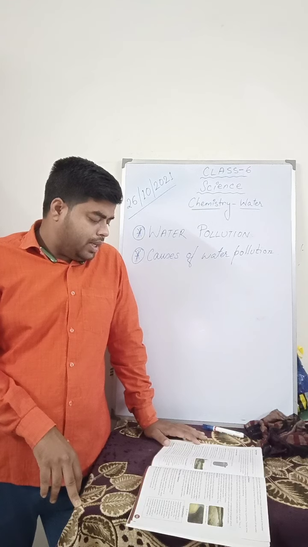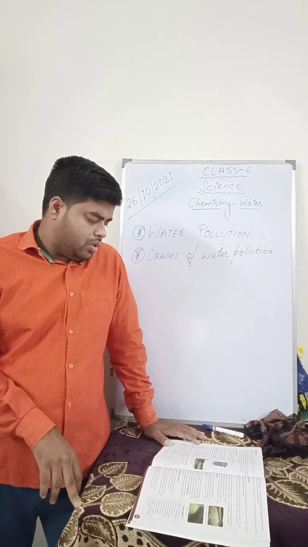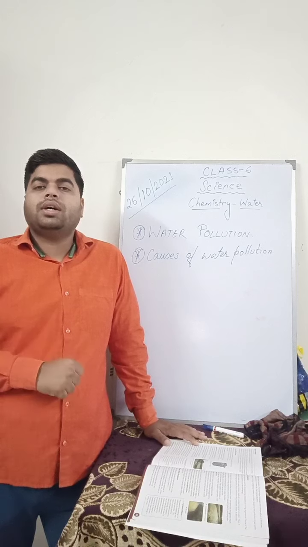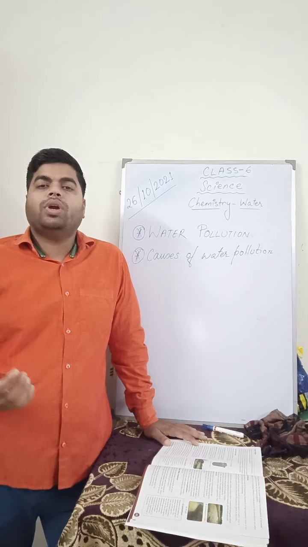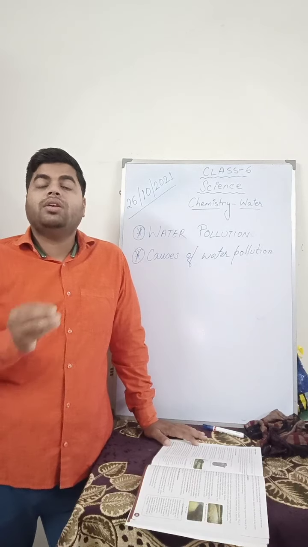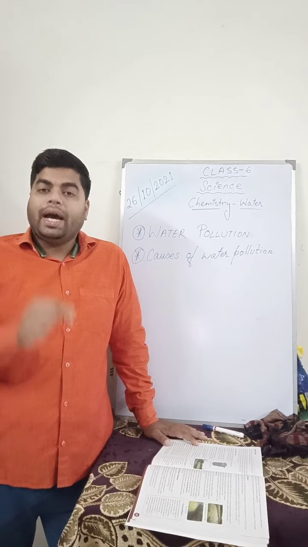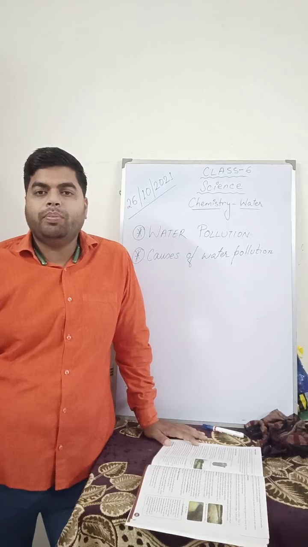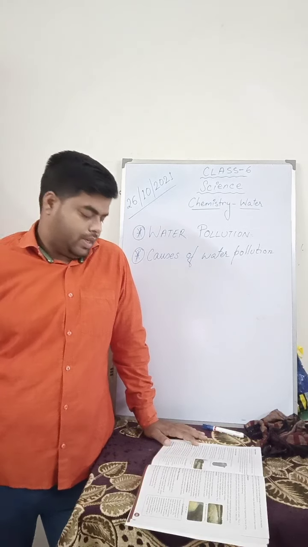This results in the release of toxic chemical compounds and gases into water bodies. So, as I have told you, these industries produce products such that the waste product is very poisonous, very toxic, and when this toxic chemical reaches the water bodies, it makes the water impure, it makes the water contaminated.